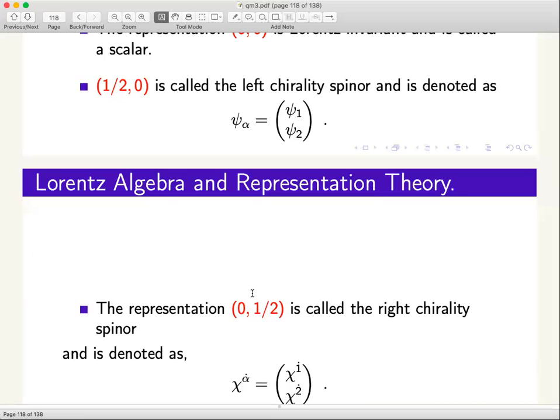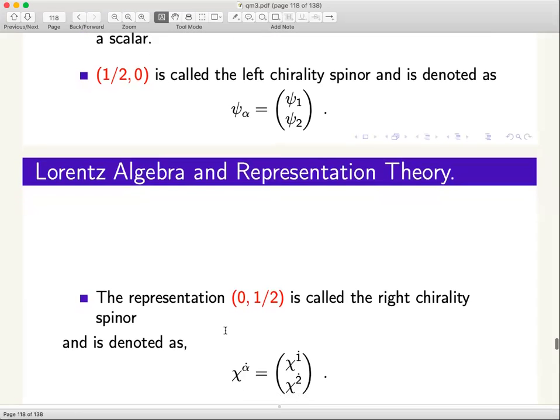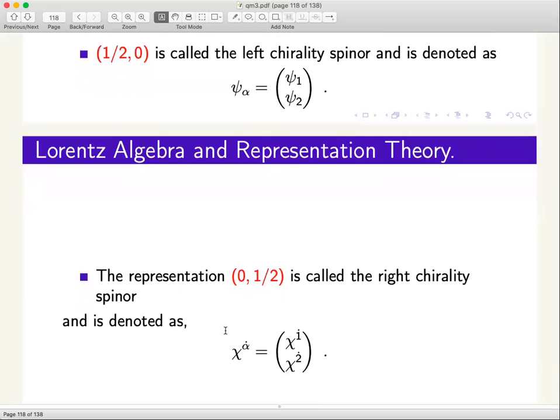Before I close, I just want to tell you one more thing: the next representation that you could look at is what is called the half-half representation. The half-half representation is actually a space-time vector. It would be a good exercise for you to check how the half-half representation is a space-time vector.